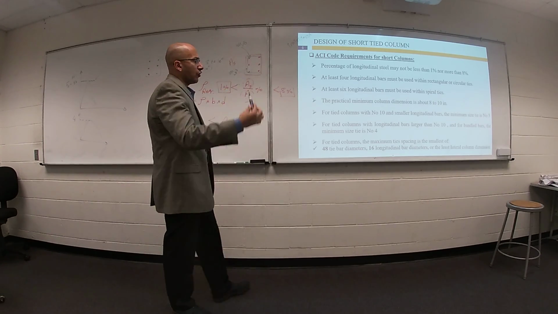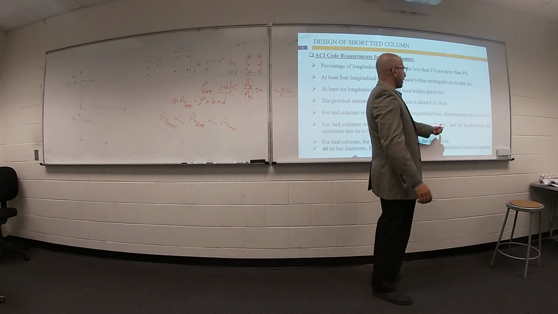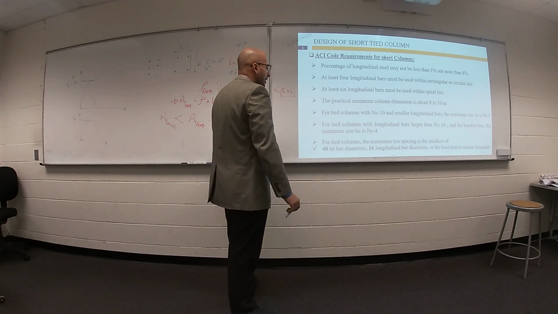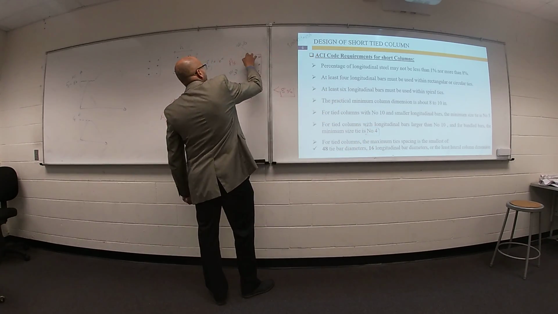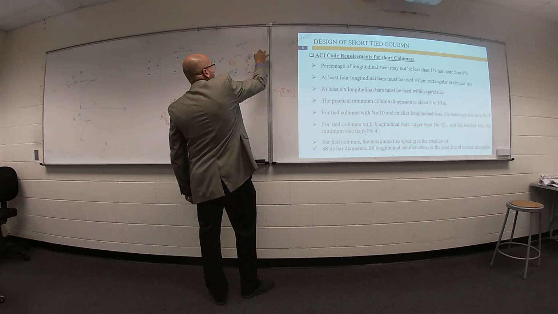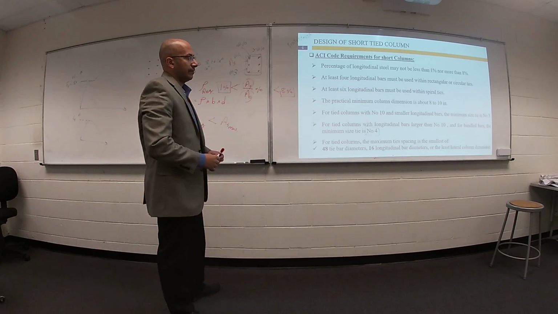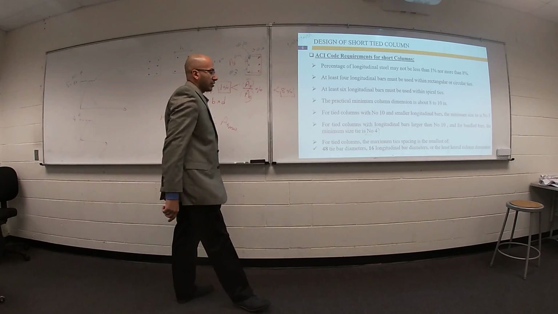If your longitudinal bars are larger than number 10, number 11, 12, or whatever, the minimum size of your tie must be number 4. That is for very huge diameter bars.